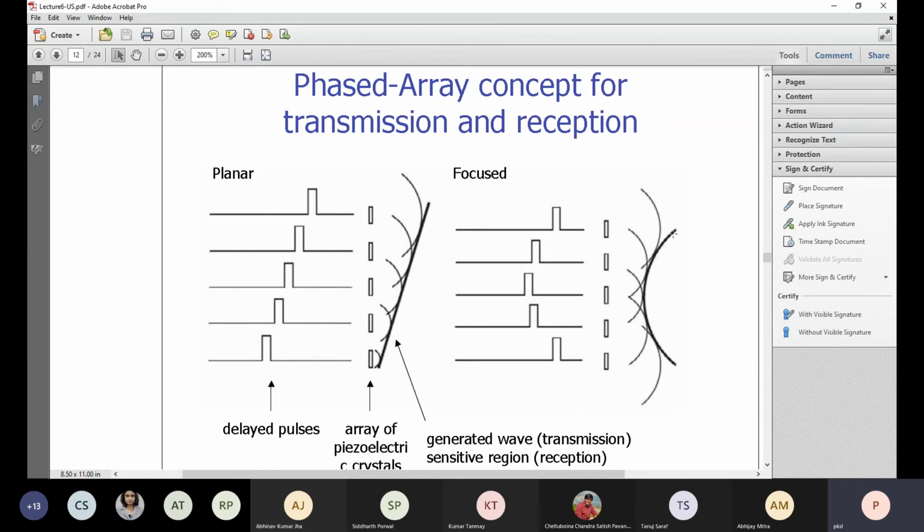And if we now draw the tangent, that will be a curvilinear one, and if we draw normals at multiple points, the net energy beam will be focused to a point.